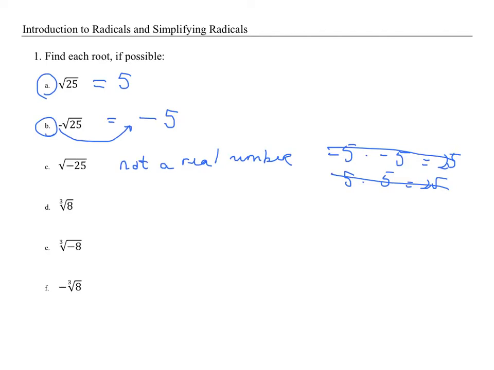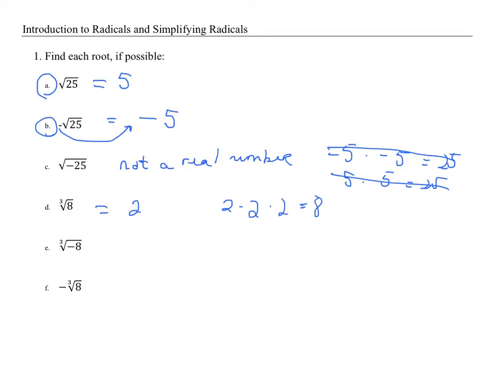Now let's look at D, the cube root of 8. That indicates to me that I need a number that if I multiply it by itself for a total of 3, I have to get 8, and that number is 2, because 2 times 2 times 2 equals 8. Yay! Well, what about a negative cube root?